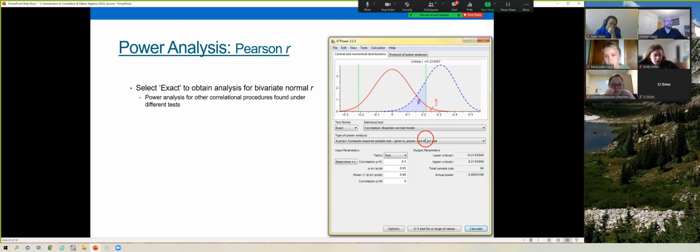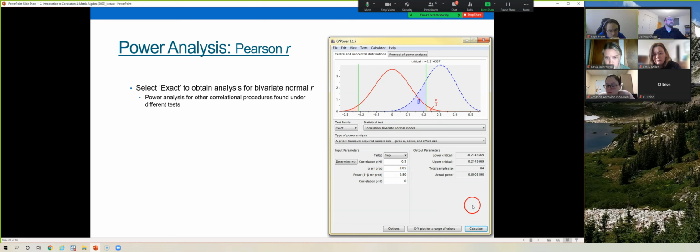Okay. So basically what G*Power is saying here is: for my study, I'm expecting a correlation between X and Y of 0.3, and I want to know how many people I need to reject the null hypothesis at alpha equals 0.05, power equals 0.80.